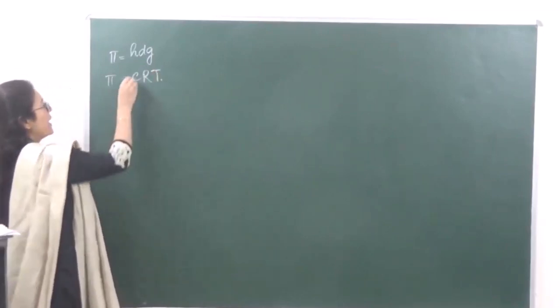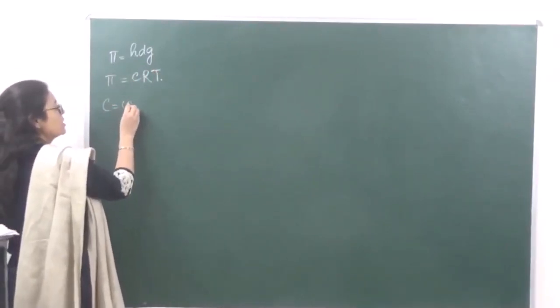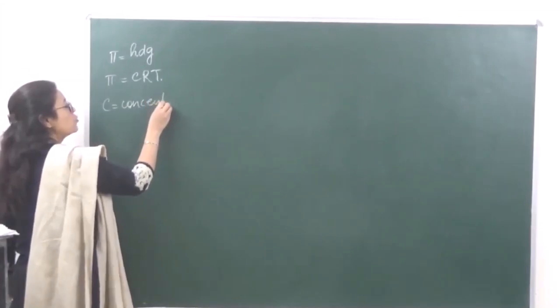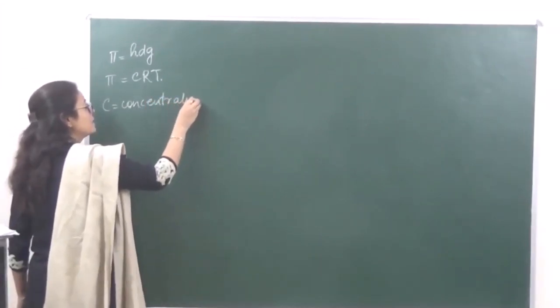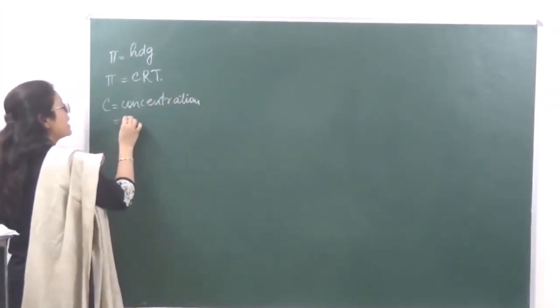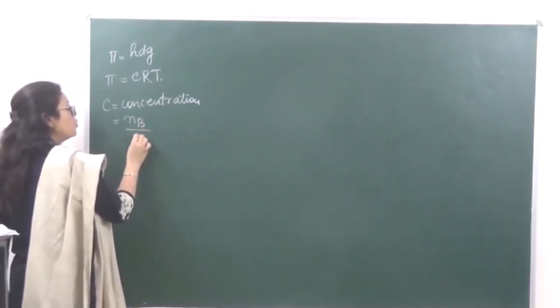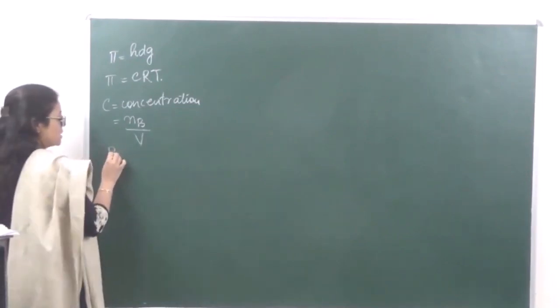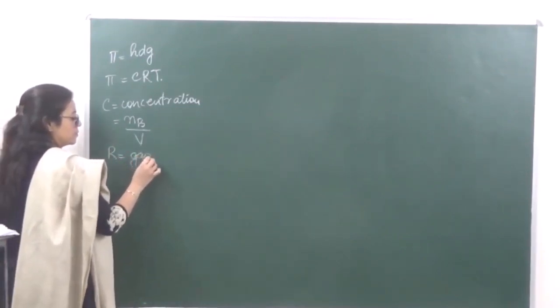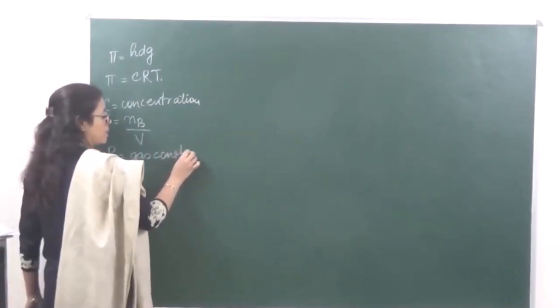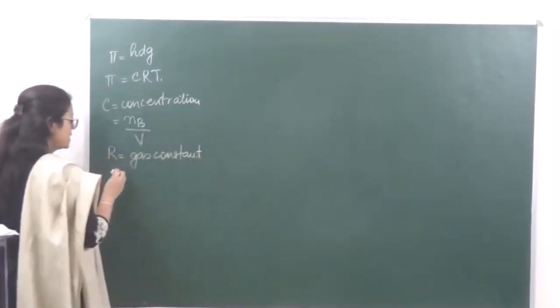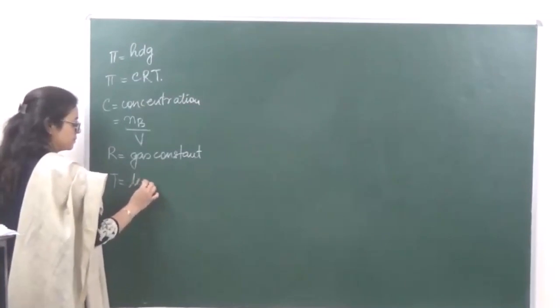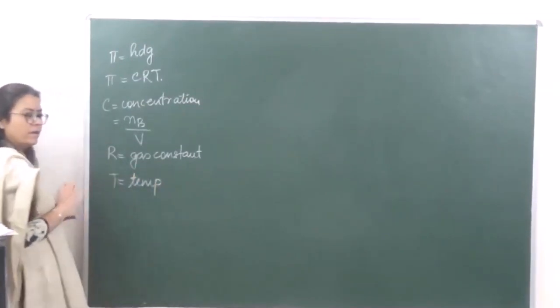Another expression which we can use over here is pi is equal to CRT, where C is the concentration of the solution, which is given as number of moles of the solute dissolved per liter of the solution. R is the gas constant, and T is the temperature in Kelvin.